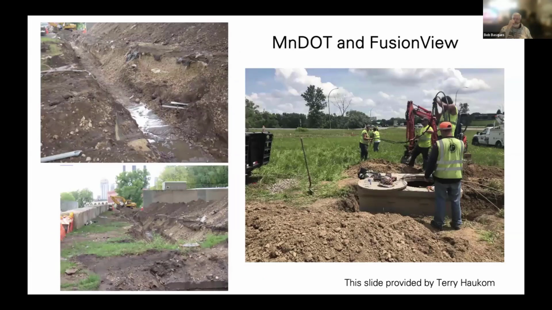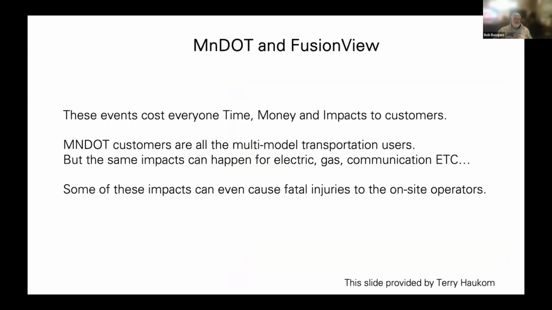They had a big project last year where they hit a lot of stuff. Let's just put it that way. You can see a lot of the broken pipes there, as they were cutting this trench in, they went through quite a few things while they were working. So these are pictures that Terry proffered up. But the point of it is that all of this stuff costs everyone time and money, and it impacts everybody.